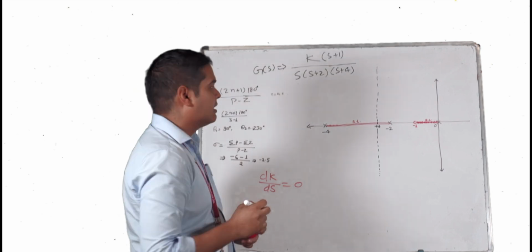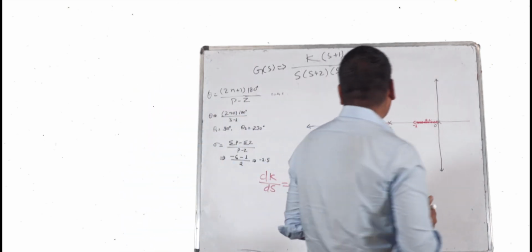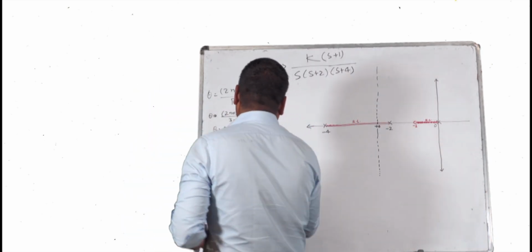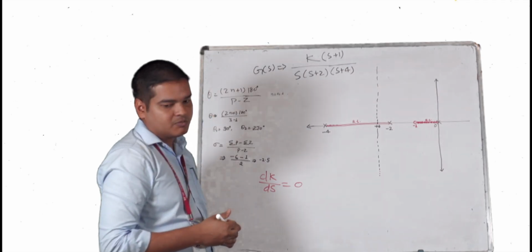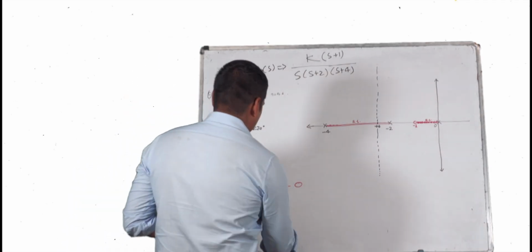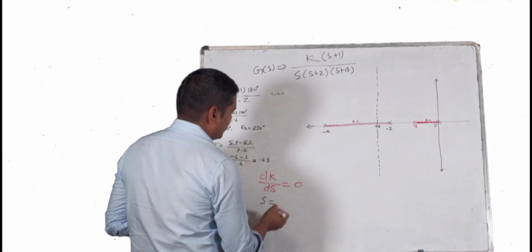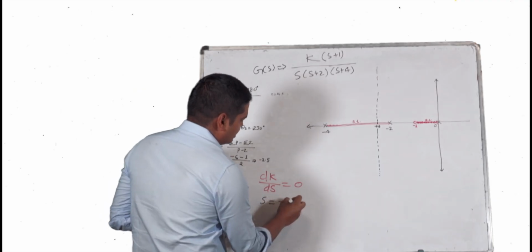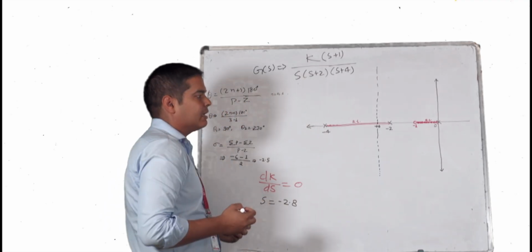Once we get the characteristic equation arranged in the form of k, we can find the slope of k with respect to s, and then we can find the value of the breakaway point, which will exist at somewhere around minus 2.8.